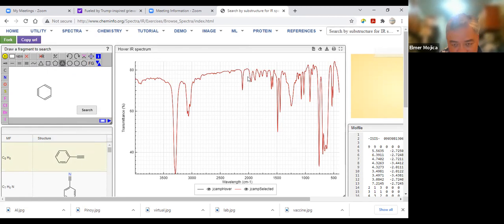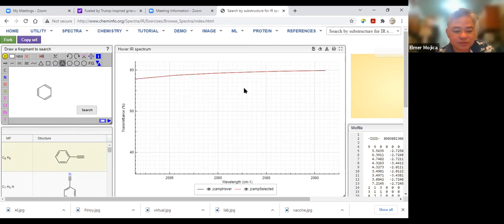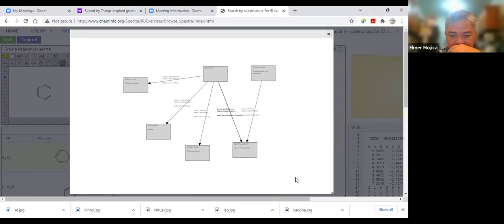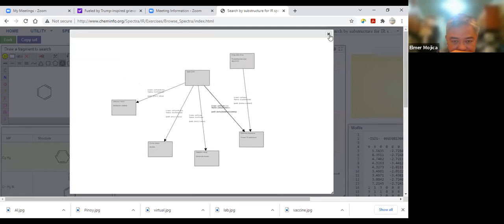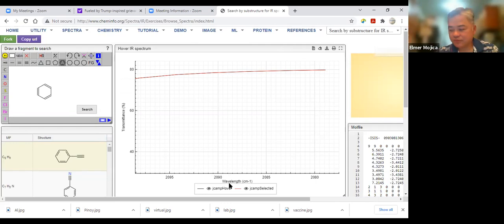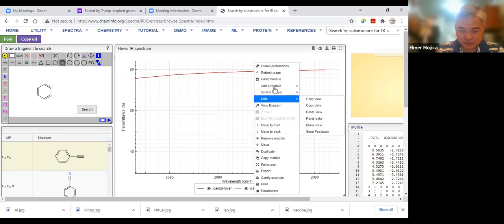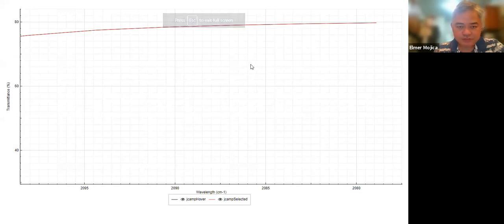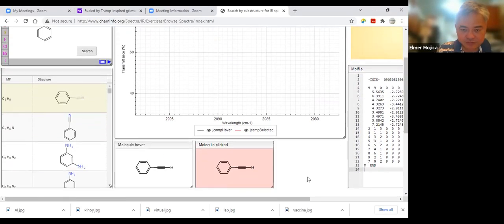So as you could see here, there's a diagram. Full screen. Okay. So if I want to do a search here, I just click.